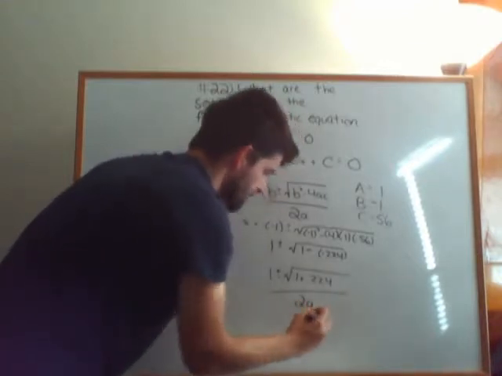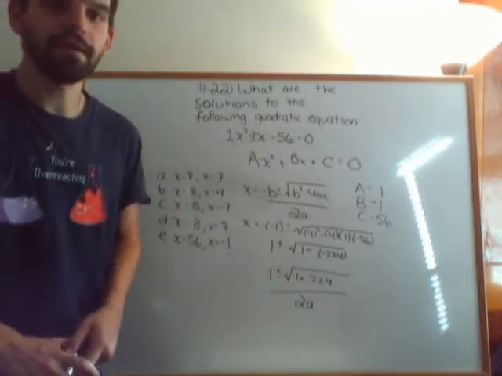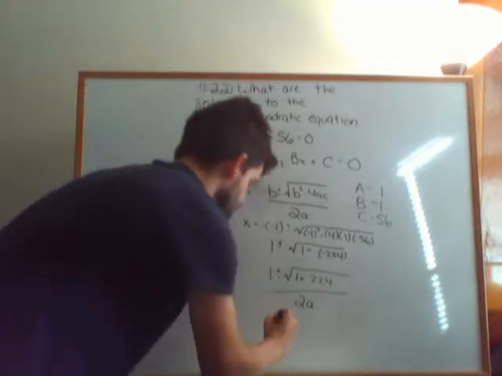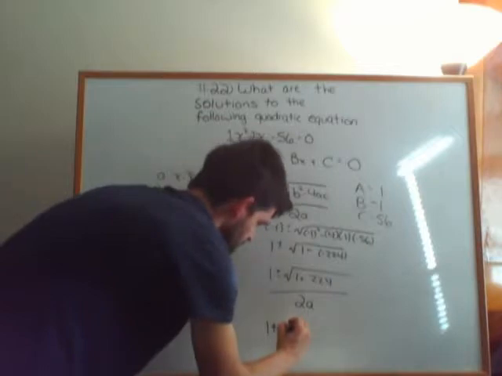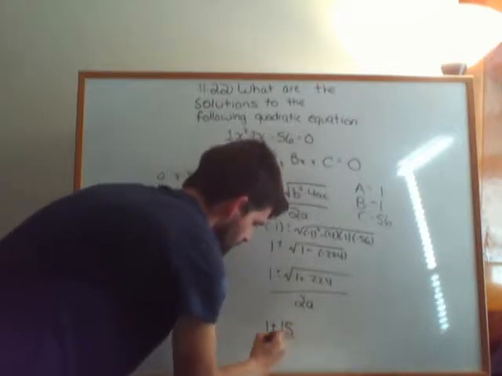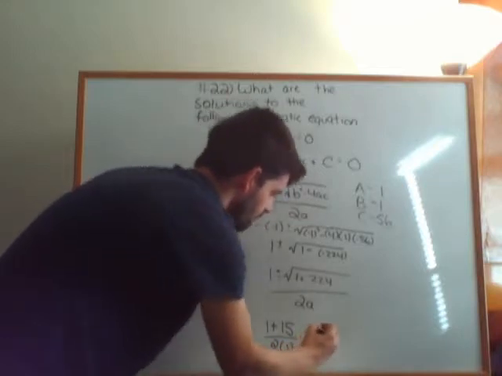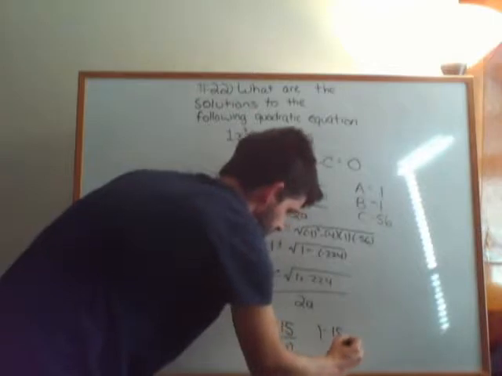This is going to give us 1 plus or minus the square root of 225, and the square root of 225 is 15. So we're going to do 1 plus 15 over 2 times 1, and we're going to do 1 minus 15 over 2 times 1.